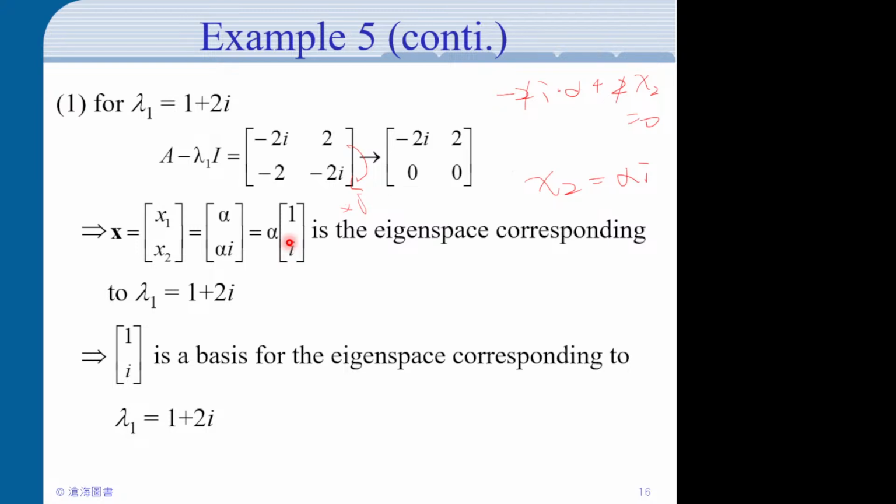So it's worth knowing that even if you start with a real matrix, your eigenvalue and eigenvector can be complex-valued and a complex vector, but that's what it is. And this (1, i) is the eigenvector corresponding to eigenvalue 1 plus 2i, or if you want to talk about the eigenspace, it is alpha times (1, i).